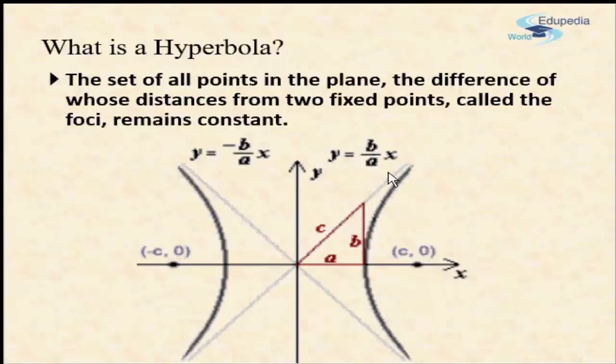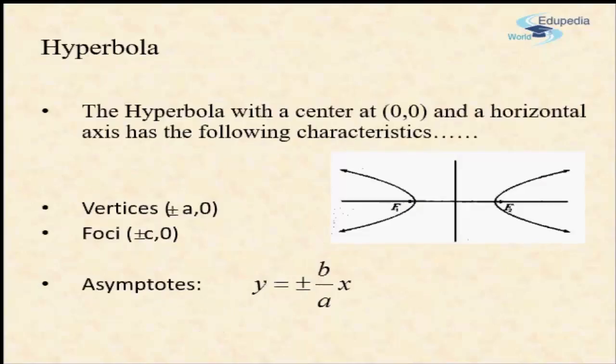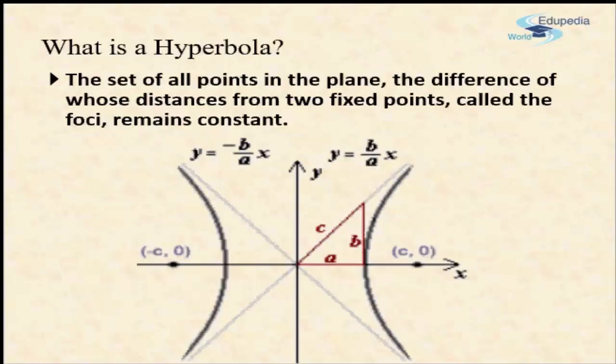If this line goes towards infinity and this hyperbola goes towards infinity, no matter how close they get to each other, they would never join. So this is the line which is an asymptote. The way to find the equation of this line is: y is equal to plus minus b by a times x. So b and a we would have, and this is the equation of the line.